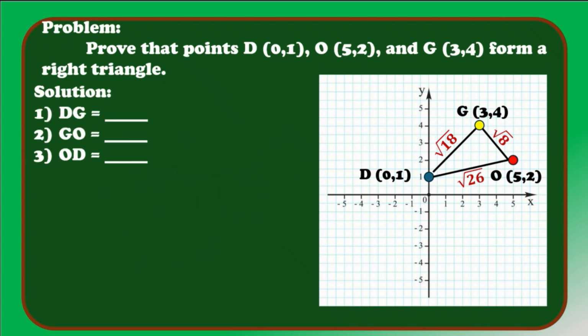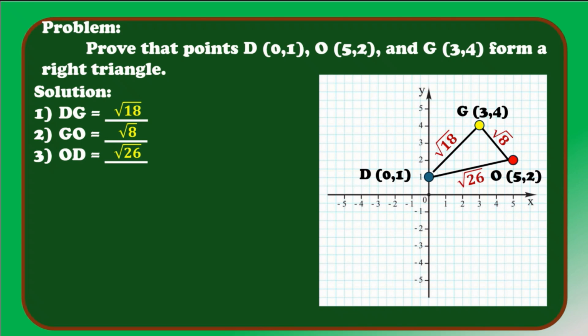Based on your observation right now, we have the following measurements. We complete all the distances between the points, or the sides of the formed triangle. So DG is the square root of 18, GO is the square root of 8, and OD is the square root of 26. Now we're going to proceed to the second part of our solution.